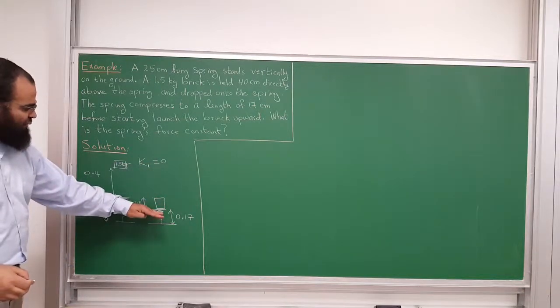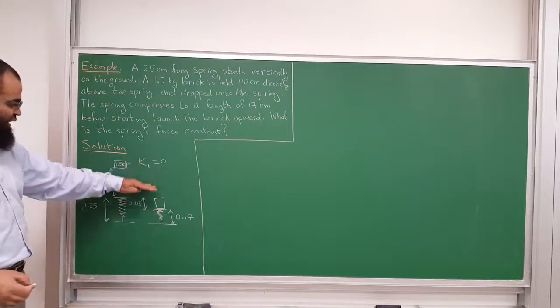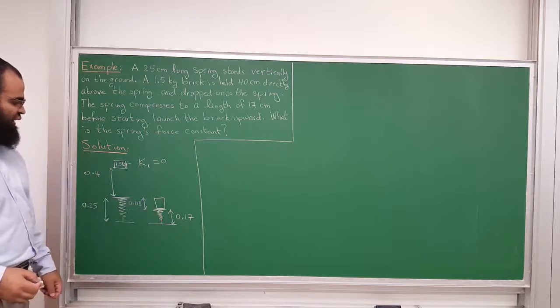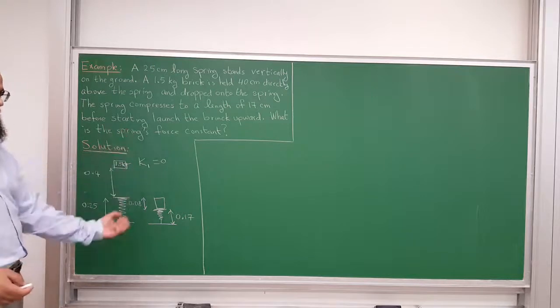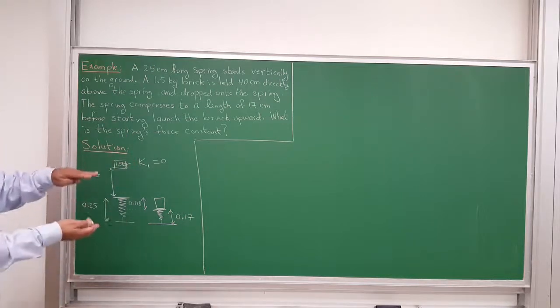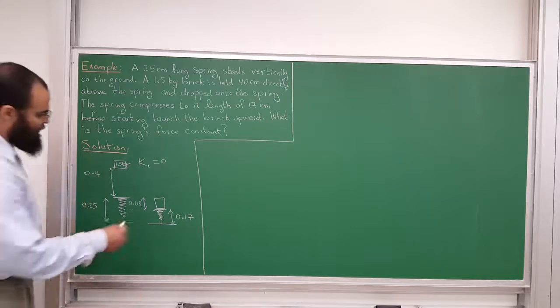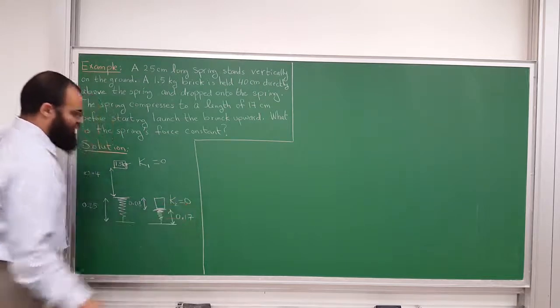And then the mass drops, hits the spring, compresses it, gains speed, and then comes to rest again because gravity is pulling it down, but the spring is pushing it up. And the more the spring compresses, the higher the force with which it pushes up. So the kinetic energy at the end is equal to 0 also.